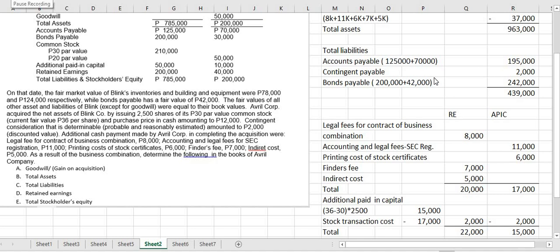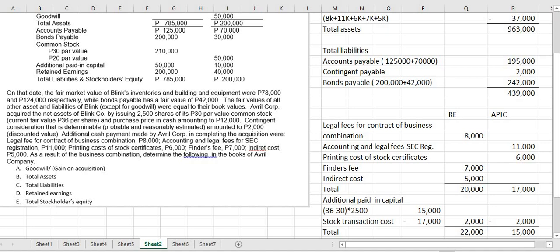And then to compute for the total liabilities, of course, combine lang yung liabilities ni acquirer at saka ni acquiree, which is April and Blink. So yung accounts payable natin, 125,000 for the acquirer, then 70,000 for the acquiree. That's 195,000.